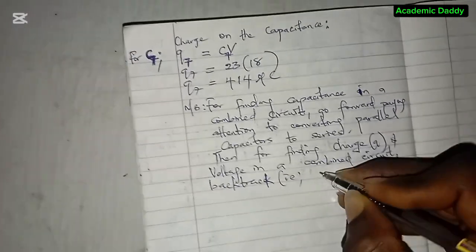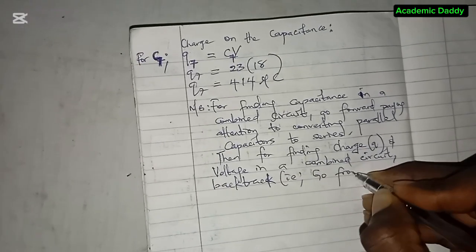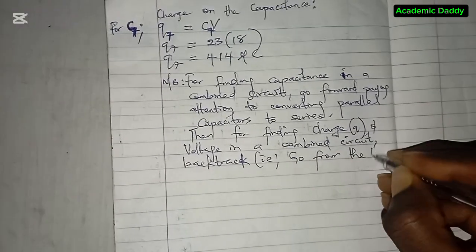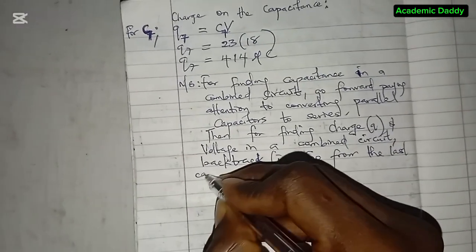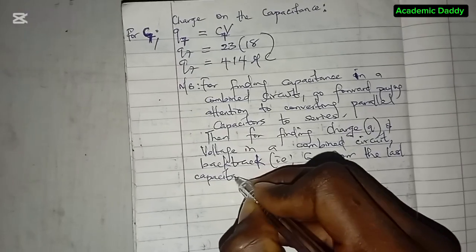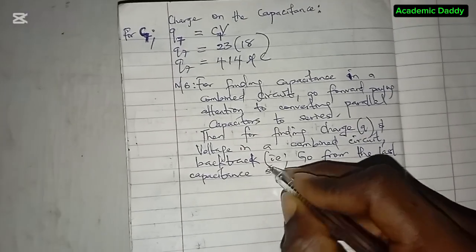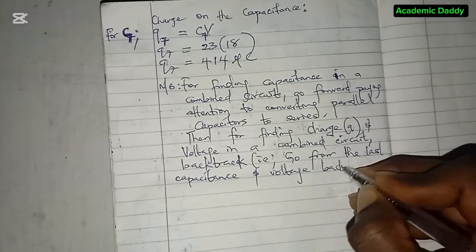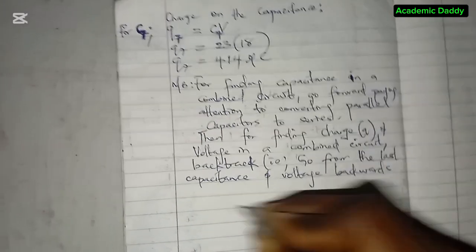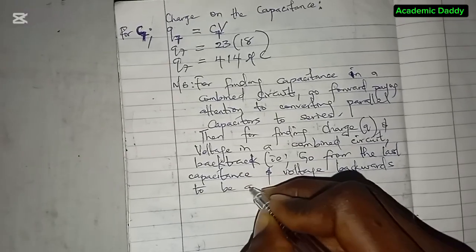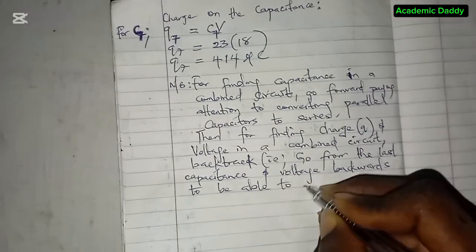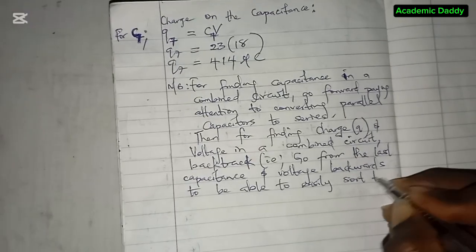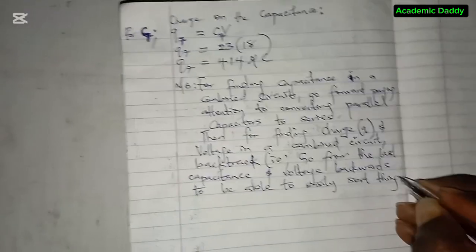That is, go from the last capacitance or capacitances and voltage backwards, to be able to easily sort things out.